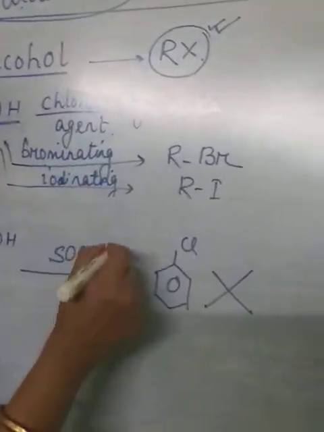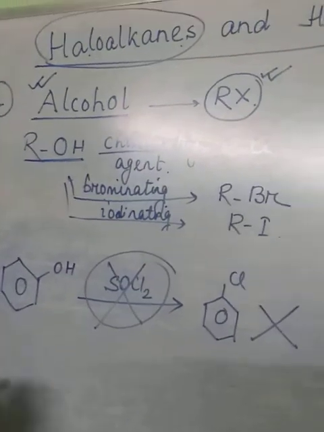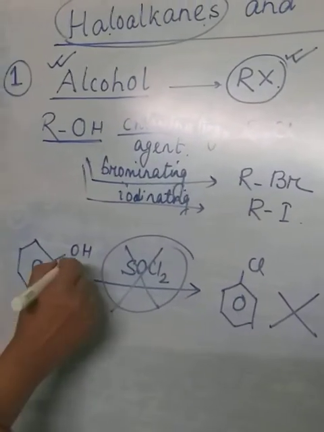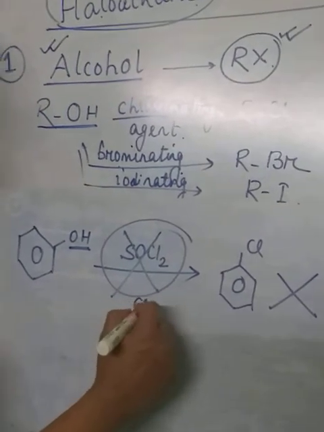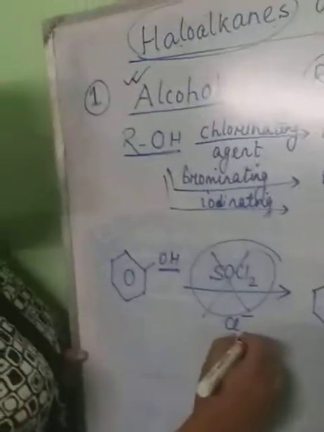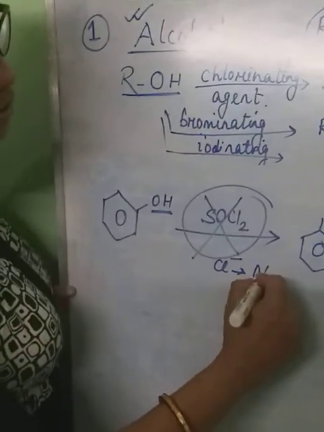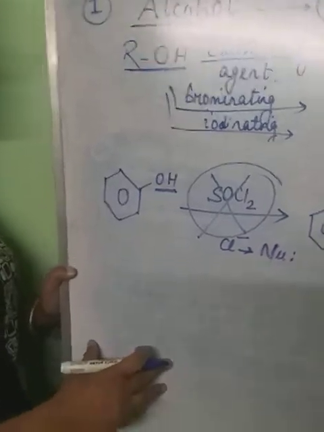The reaction does not occur. Why? It is a substitution, and which kind of substitution? Here Cl minus is going to replace OH minus, which means the attacking reagent is a nucleophile, an electron-rich species.